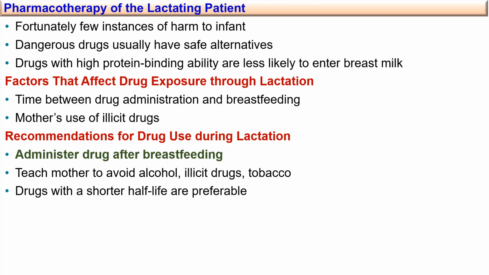And also we will try to select drugs with high protein binding ability and avoid all OTC herbal, the over-the-counter medications or herbal dietary supplements, unless it's been discussed with the prescriber, the healthcare provider.